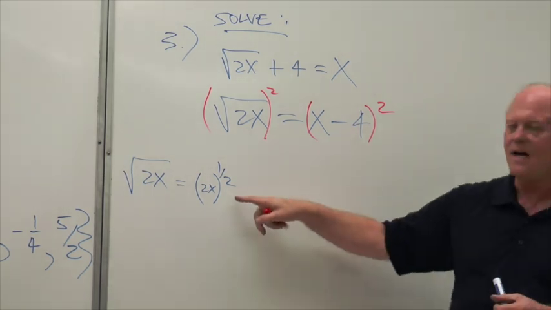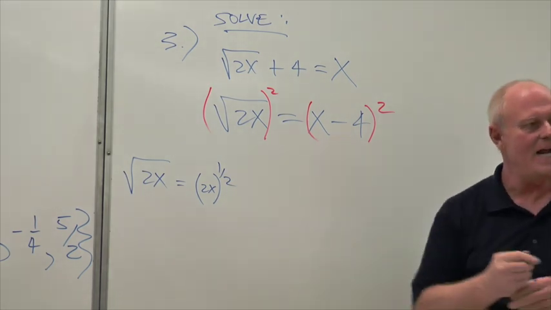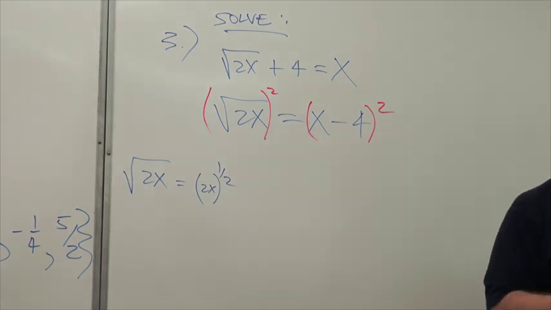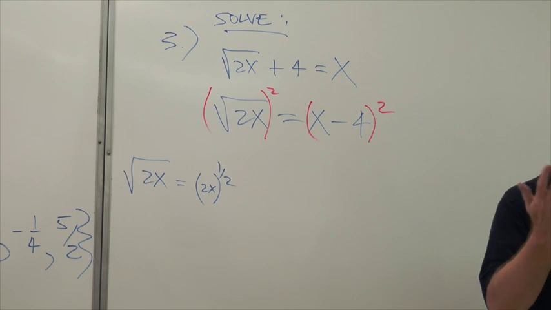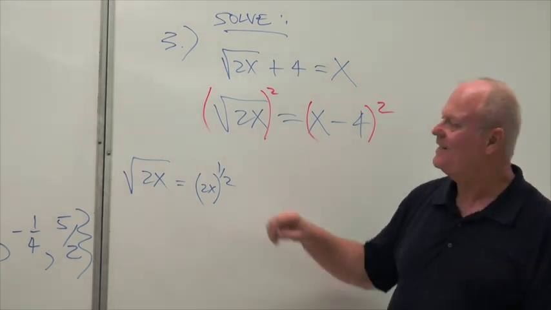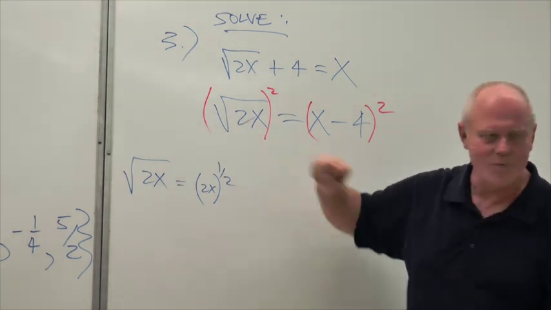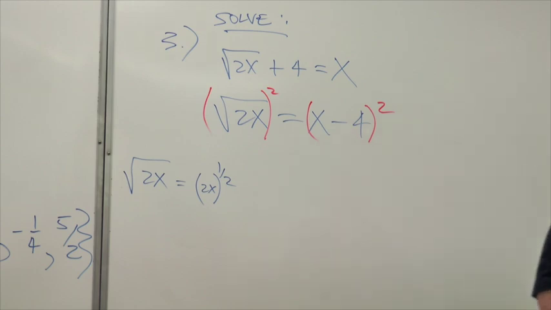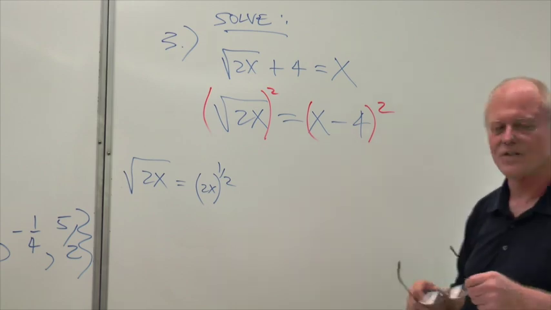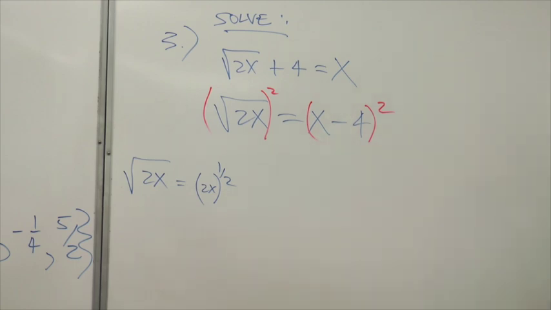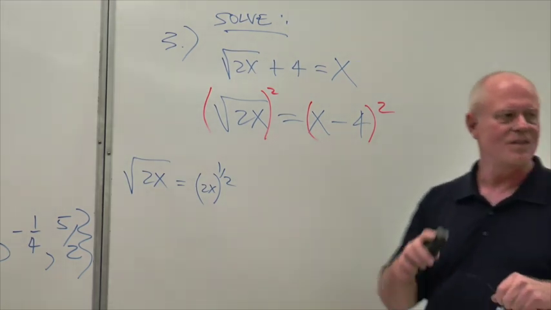You can do that if you want. But then to get rid of 1/2, what are you going to have to do to the 1/2? Raise it to the second power, right? Because the power raised to the power, 2 times 1/2 is 1. So you're not wrong. It's just an extra step, right? In math, you want to keep it simple, right?